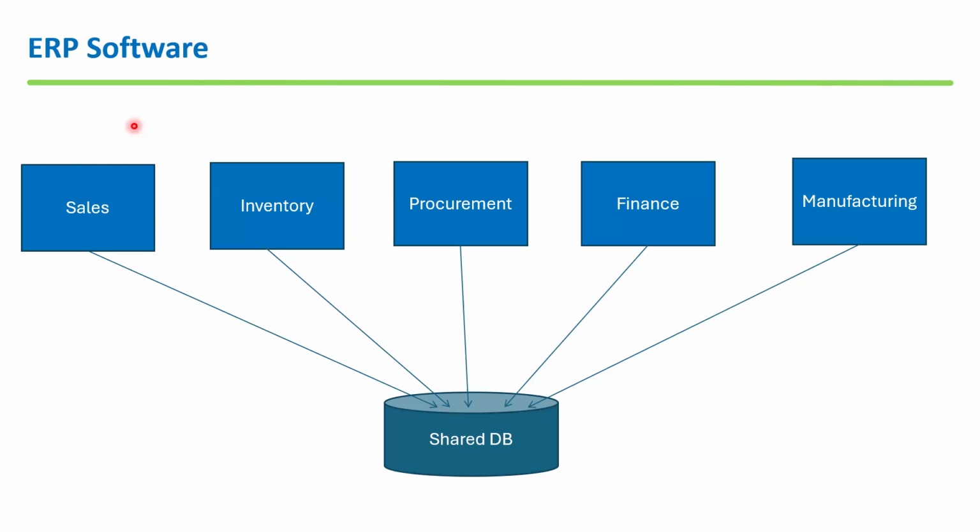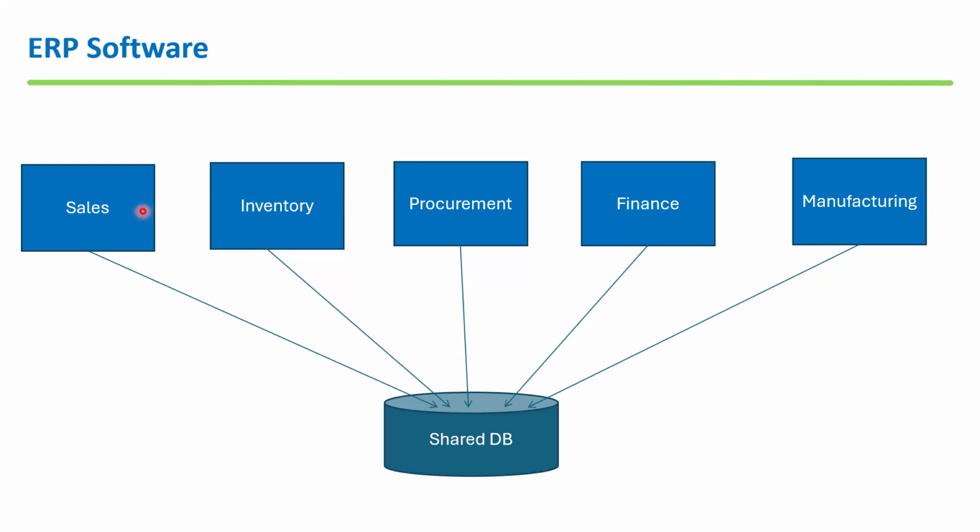In these departments, they are not making duplicate copies because every team has access to the database. Whatever the sales team gets, the inventory and procurement departments can see with the same access. So there is no need to duplicate data, and no need for extra storage cost.